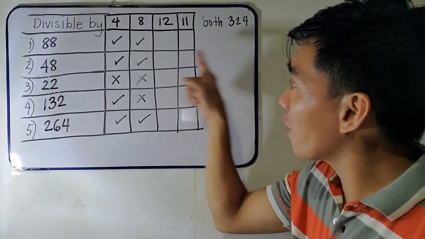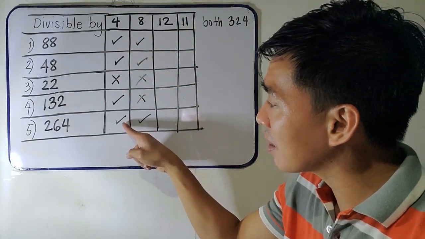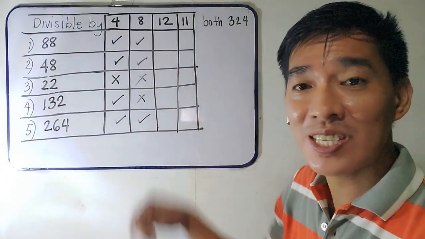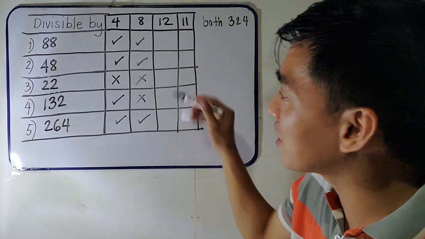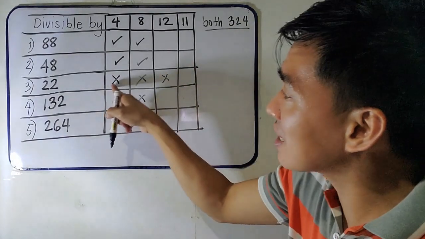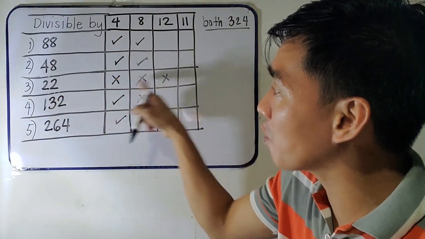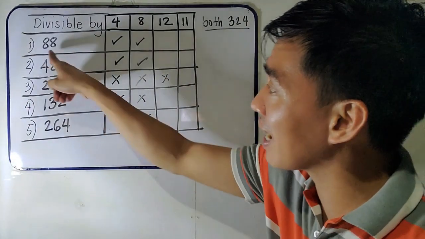That would be easier for us now to answer this column because we already have here the test for 4. So, let's just try to check. Automatically, number 3 is not divisible by 12 because it should be divisible by both 3 and 4. This number 22 is not divisible by 4, so automatically that's not divisible by 12. So let's try 88.